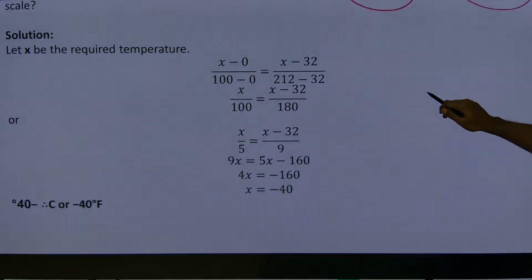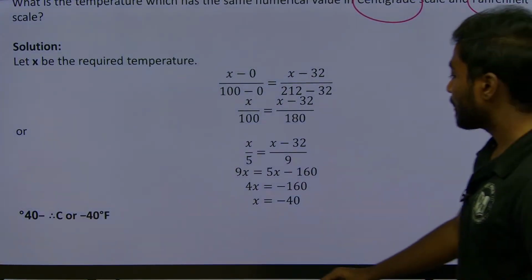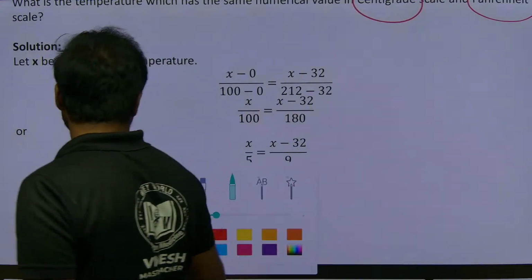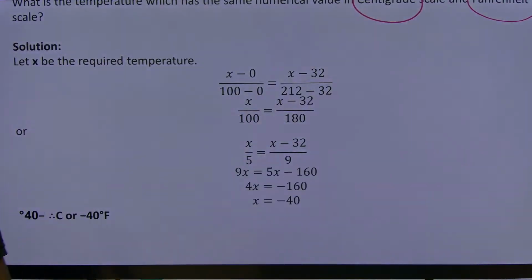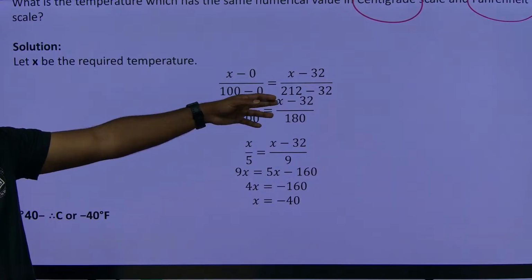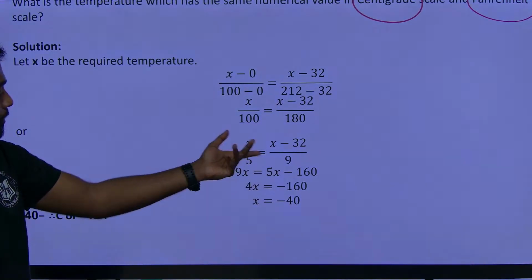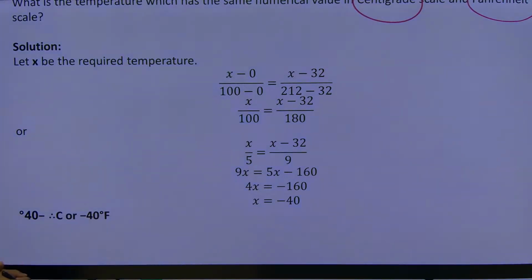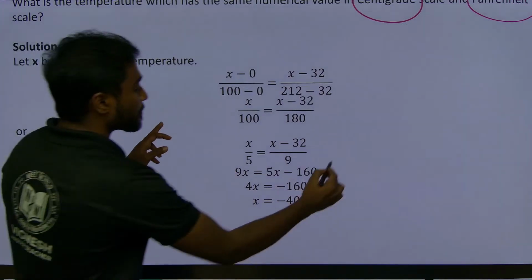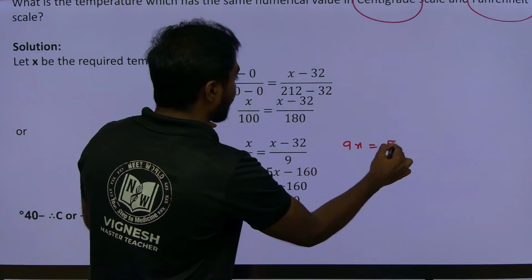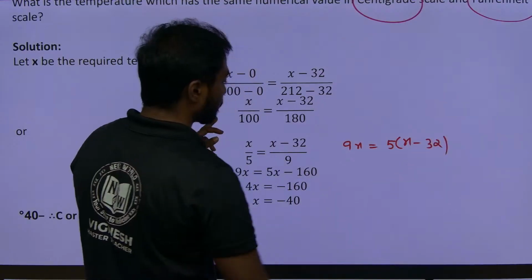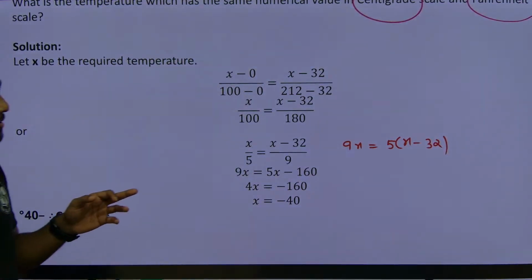See, x minus 0 by 100 minus 0, and then it is x minus 32 by 212 minus 32. So x by 100 should be equal to x minus 32 by 180. So when I take the cross multiplication, it becomes 9x should be equal to 5 times x minus 32.